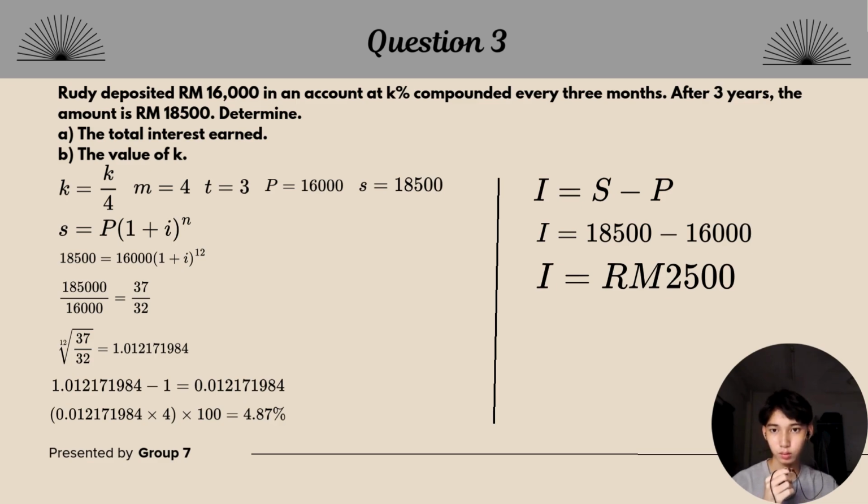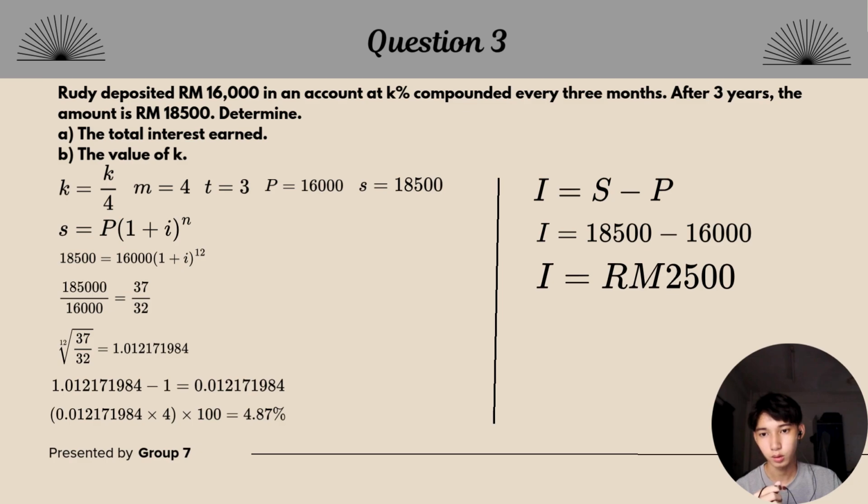So moving on to question B. The question wants the value of K. So first we also need the formula, which is S equals P(1 + i)^n.